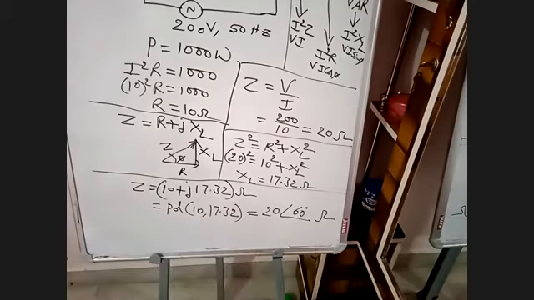Then you will get magnitude is 20, Z is 20, angle is 60. Press enter. After POL, bracket 10 comma 17.32, press enter. Press is equal to.